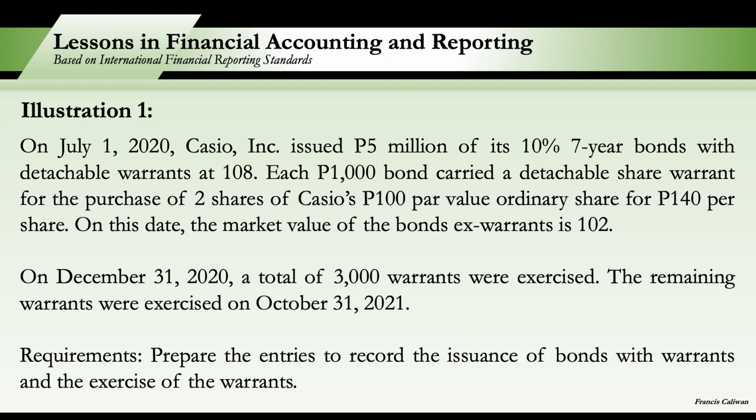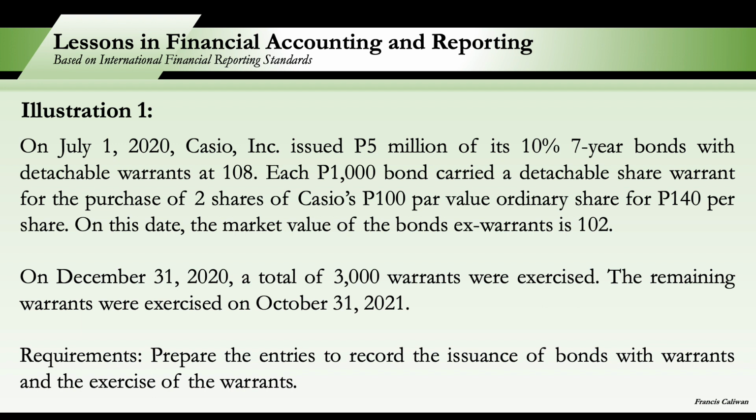Whereas in accounting for share warrants, we use the share warrants outstanding account, which is an equity account, part of additional paid-in capital in the equity section of the statement of financial position. So it is credited when the bonds with warrants are issued, and when the warrants are exercised, the account share warrants outstanding is debited.